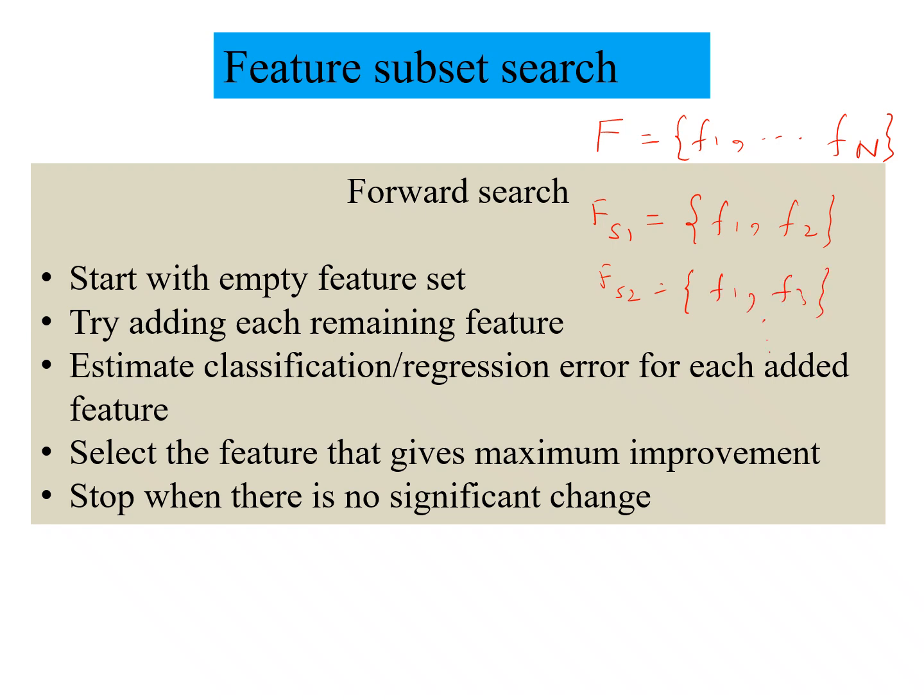We have already said that we do not want to enumerate all the 2 to the power n subsets. We do not want that. So we are taking a heuristic approach.